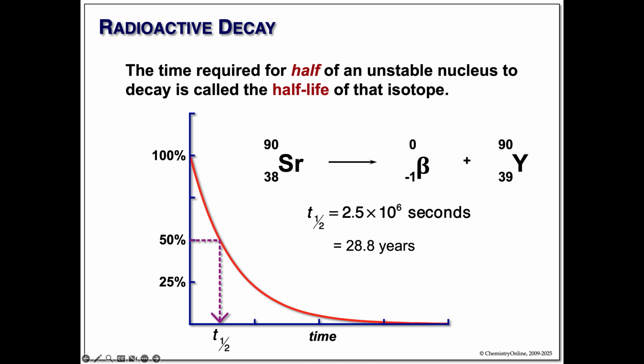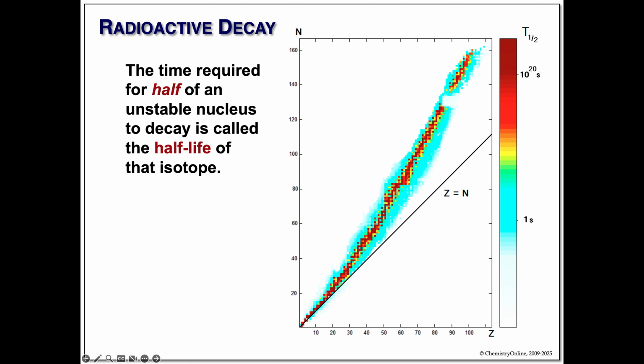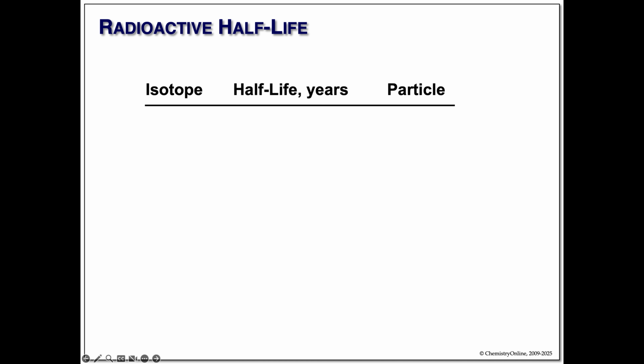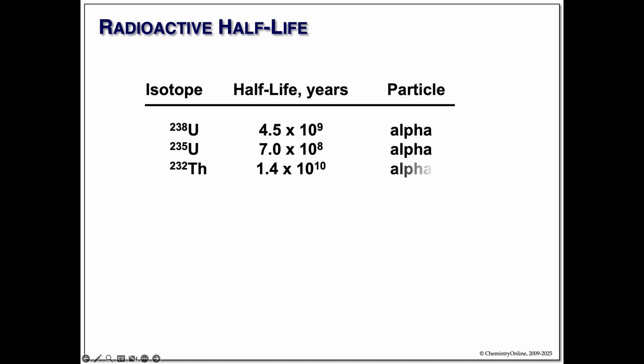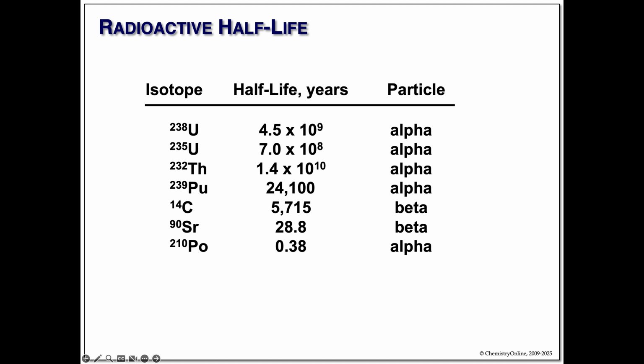Any questions? Half-lives vary a lot. These are like billions of years. These are microseconds. Examples. Uraniums are basically those up in the billions.